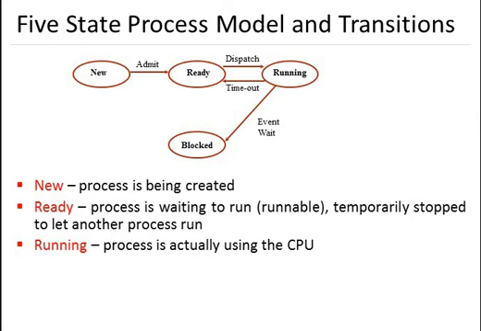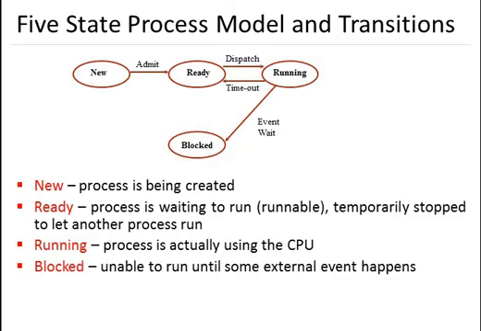After that, if a certain event happens, for example, if this process requires input, user input or a certain file or something, waiting for some event to happen, then it will transfer to blocked state. Okay, it is unable to run until some external event happens, and once the event occurs, it is again transferred to ready state.